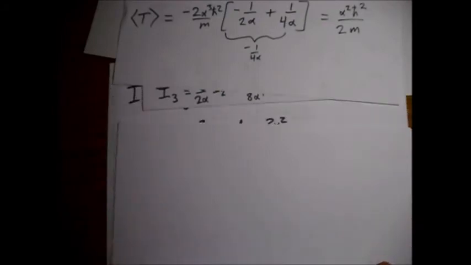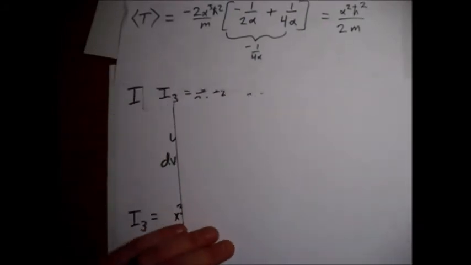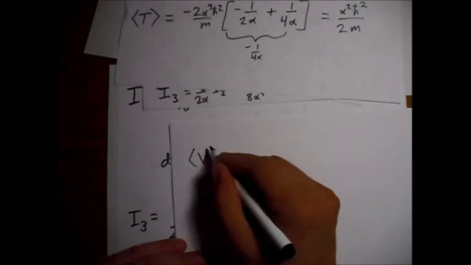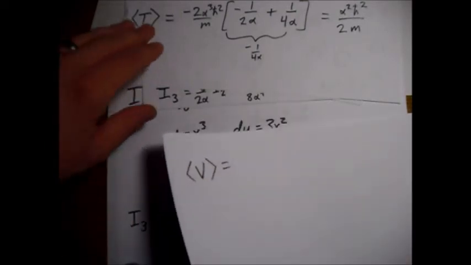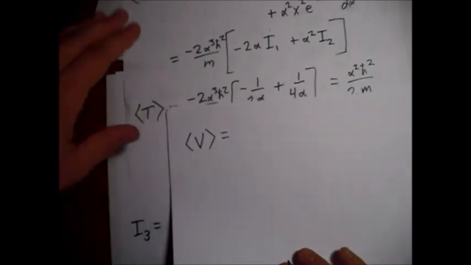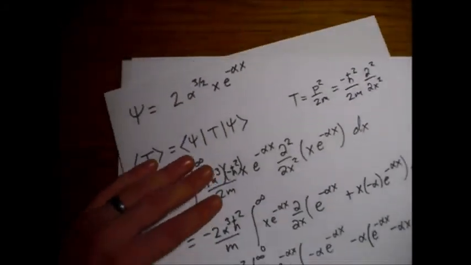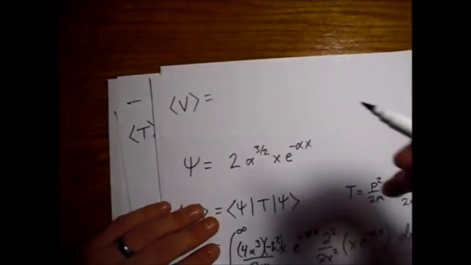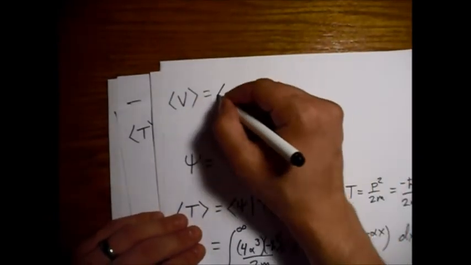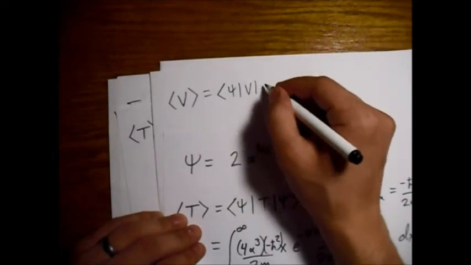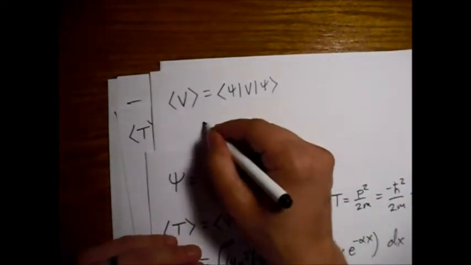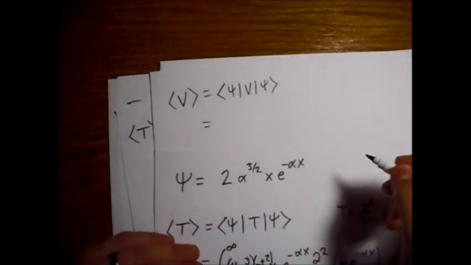So let's now move on to the expectation value of the potential, or potential energy. We'll go back and find our normalized wave function way back here. All right, so we're just doing the same thing, except there's a potential in here. So our potential is just kx.